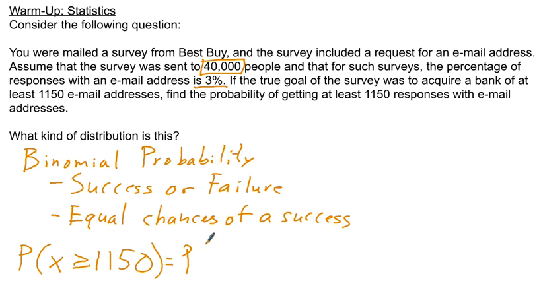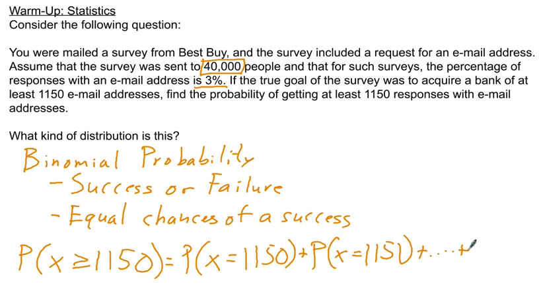So the probability that we get 1,150 responses plus the probability that we get 1,151 responses plus all the way up to the probability that we get 40,000 responses with email addresses.